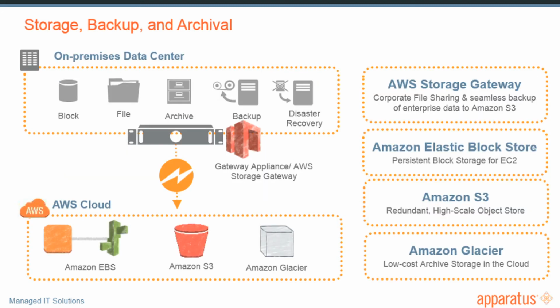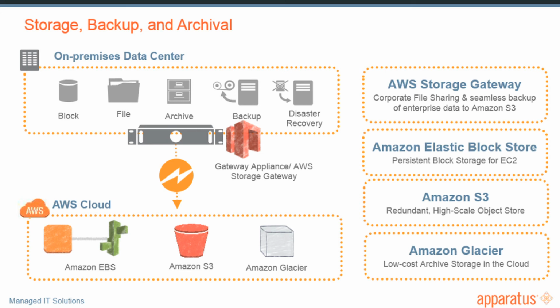We talked a little bit about this earlier, but here's a really simple use case for backing up. AWS has a product called the AWS Storage Gateway, and this is an appliance that you actually put on-premise that links your storage system into S3.